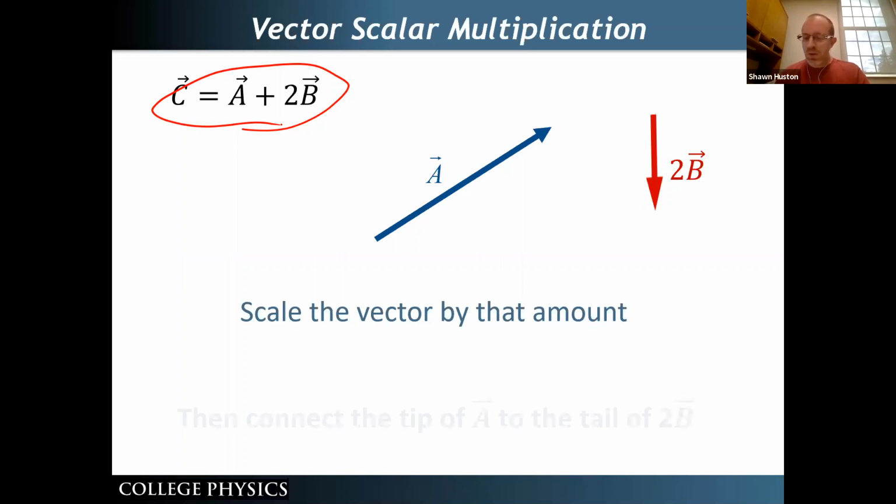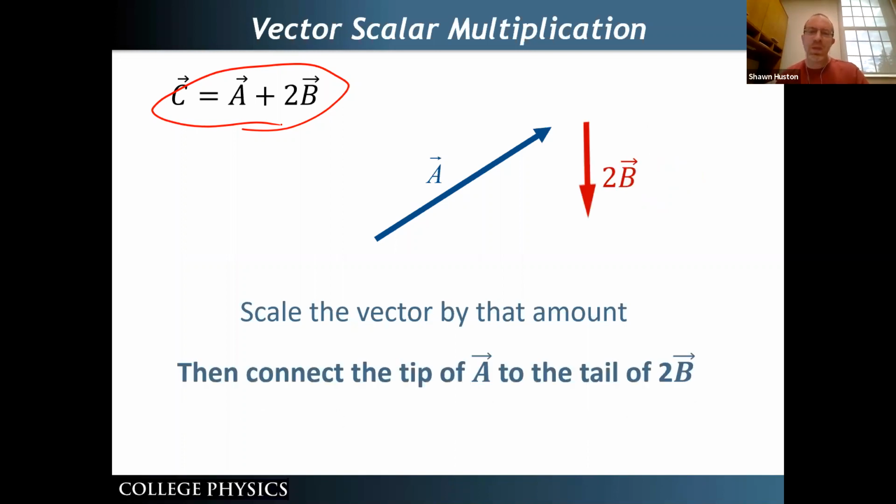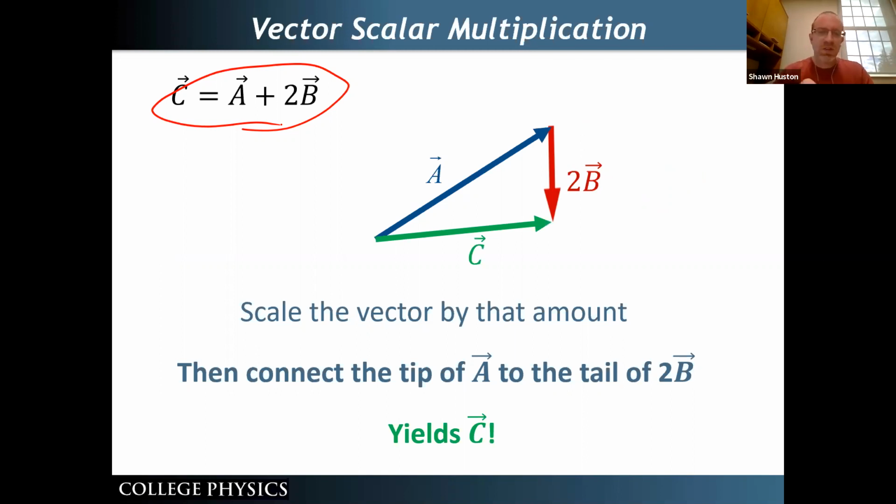Okay, so we move 2B over so that its very start matches up with the very end of A, and we draw in vector C so that again it starts at the very start of A and goes to the very end of 2B, and there we've got A plus 2B is equal to C.